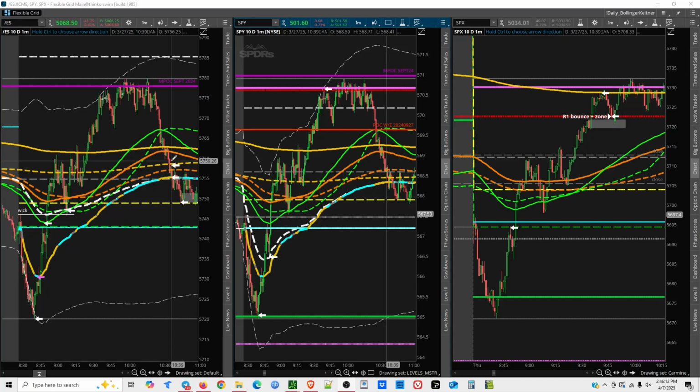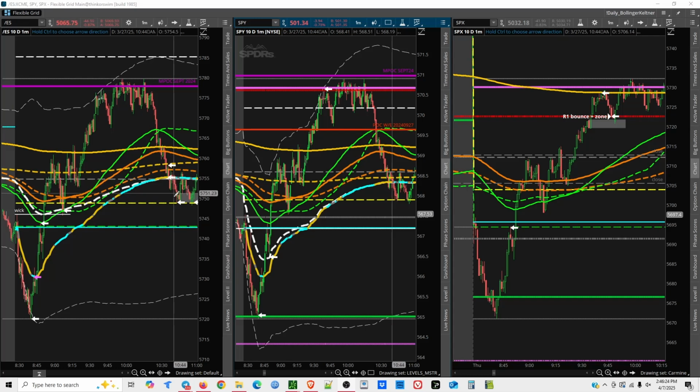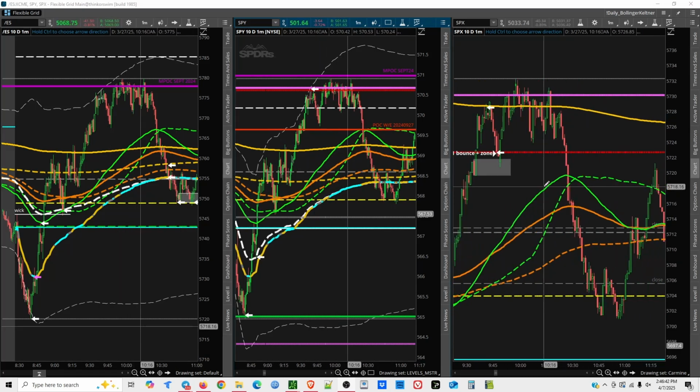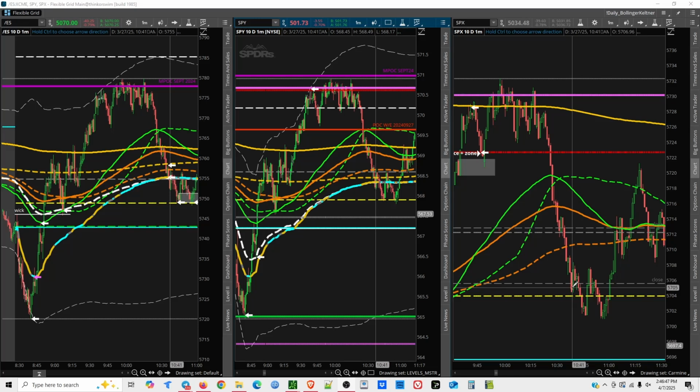So that's almost another 4 points, $200. And then, of course, it rolled over again and came down to half gap and bounced there, which half gap on ES and on SPY was in relatively the exact same spot. And what happened at that time on SPX? It was also flirting with its half gap before bouncing.